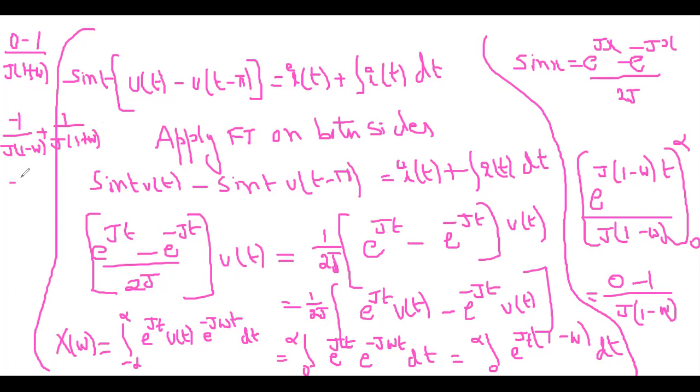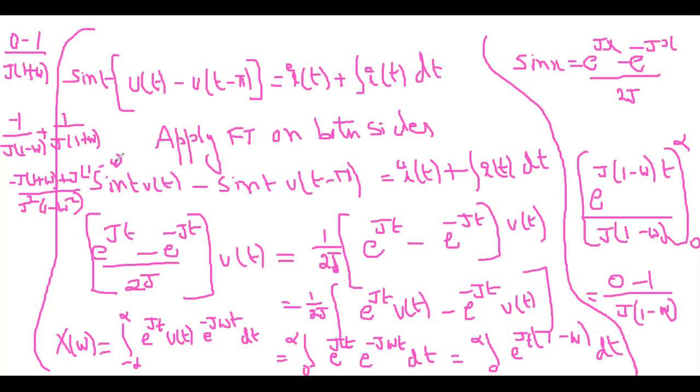So minus of j into (1 plus omega) plus j into (1 minus omega), whole divided by j square times (1 minus a plus b into a minus b). A plus b into a minus b means a square minus b square. Okay, my dear friends, minus j plus j get cancelled.